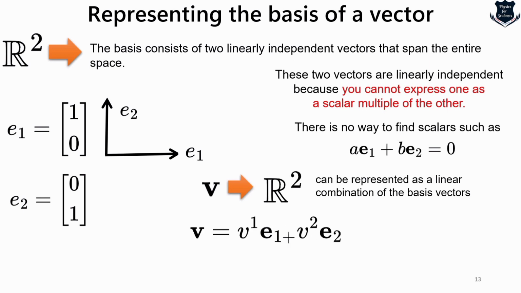How? Simple, like this: V equals V1 E1 plus V2 E2, where V1 and V2 are the components of the vector V. As simple as that. V1 and V2 express the vector with respect to this standard basis.